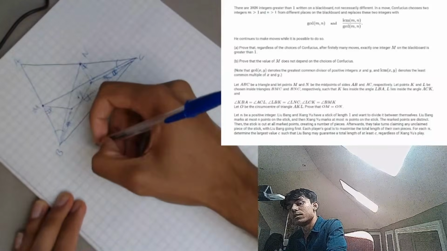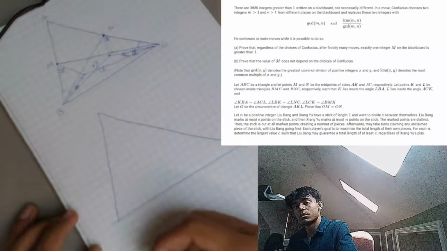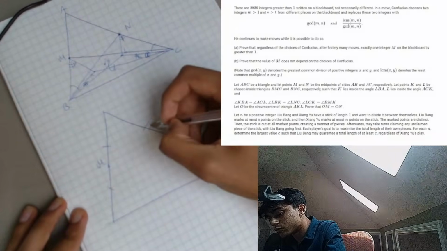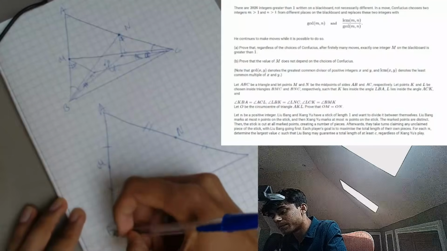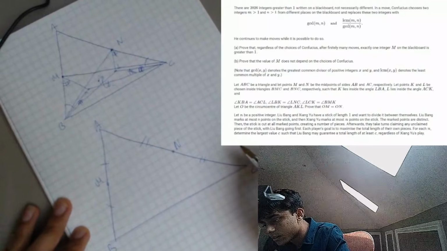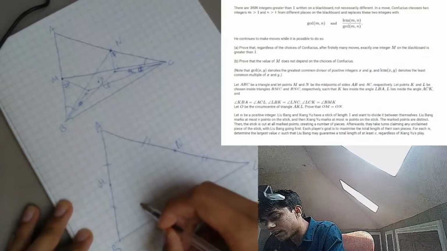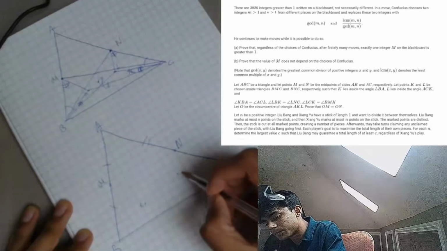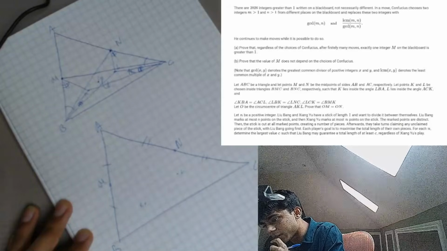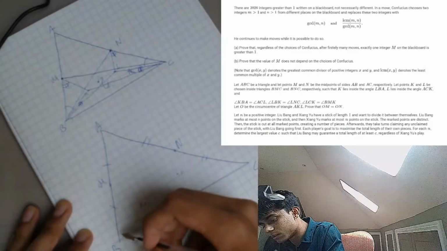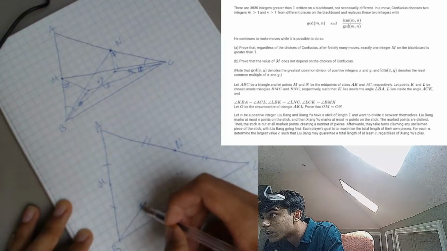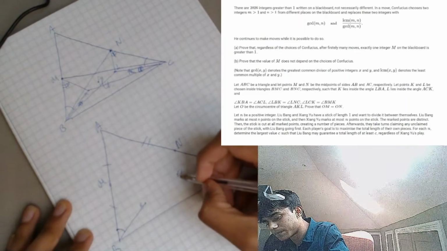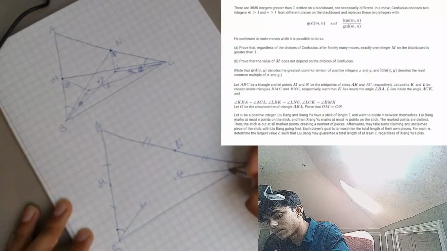Right. So let's get a triangle. So we have points K and L kind of like this. We have these very strange angle equalities. So let's just double check. KBA equals ACL. That's quite interesting.